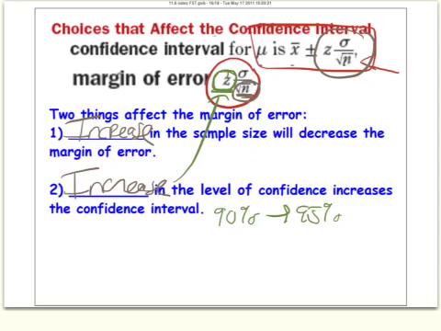If Z is a bigger number, your margin of error will go up. But if your margin of error goes up, then the confidence interval is going to be a longer interval. If this is a big number, your interval is going to be wider. If this is a small number, your interval is going to be shorter. So understand how those changes to either the Z, which is your confidence, or the n, which is your sample size, will impact the confidence interval itself or the margin of error.